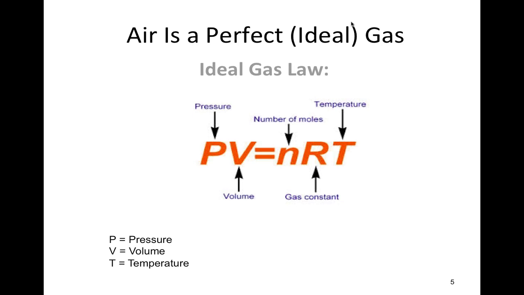Basically, it says pressure times volume is equal to N times R times T. P is pressure, V is volume, N is the number of moles, the quantity of a gas. A mole is the molecular weight in grams. So if you're talking about 1 mole of hydrogen, you're talking about 2 grams of hydrogen, right? H2. If you're talking about benzene, it is C6H6.